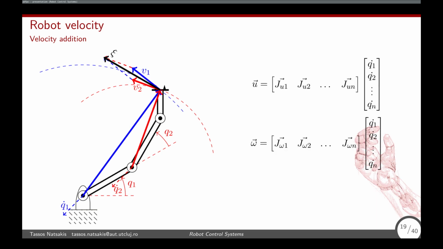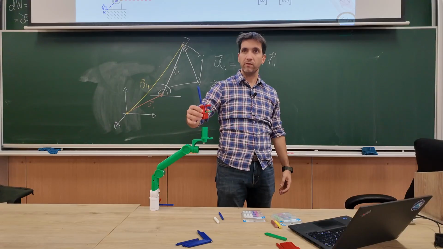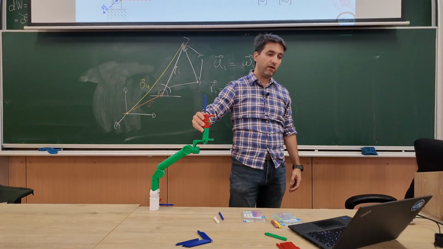If I have these two, I can combine these two vectors. So this will be a vector for the linear velocity and a vector for the angular velocity. I can combine these two in an even more condensed form. I compress, and I have xi, which is the end effector twist, which is linear and angular velocity.